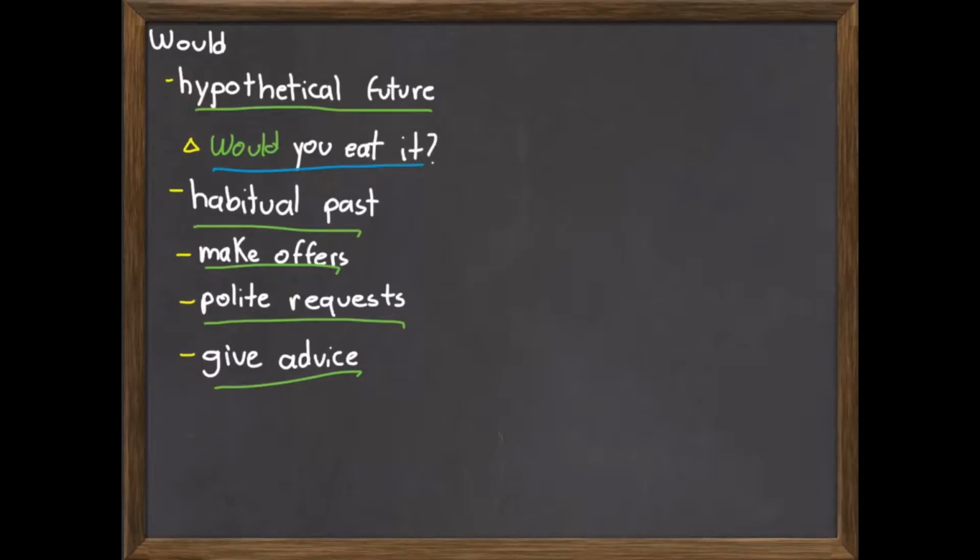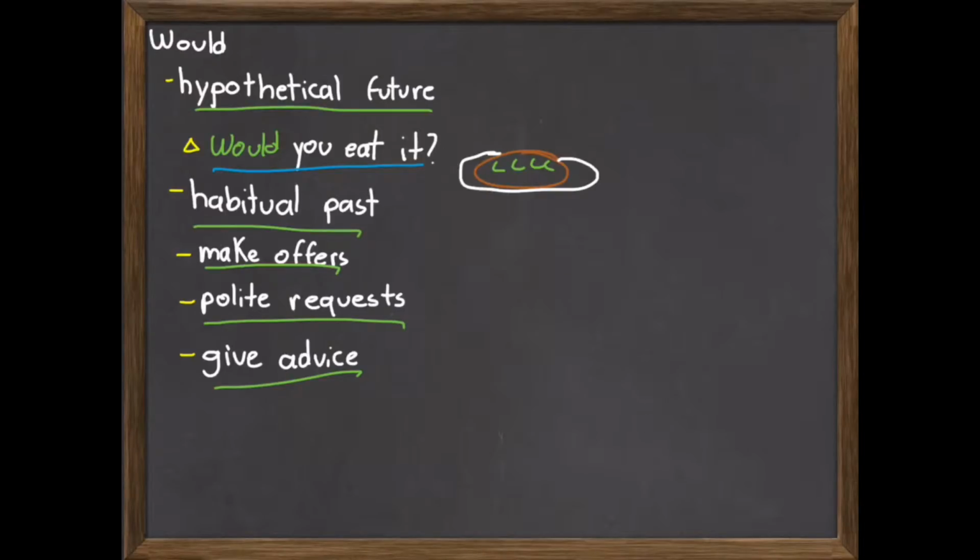Let's imagine you're talking with someone and you're talking about some very unusual dishes. Maybe something that is not normal to eat in your country. So they could ask this question, if you saw this dish or somebody gave it to you, would you eat it?